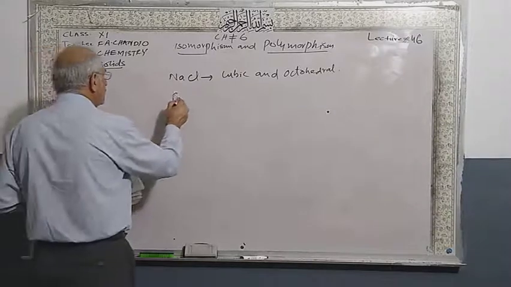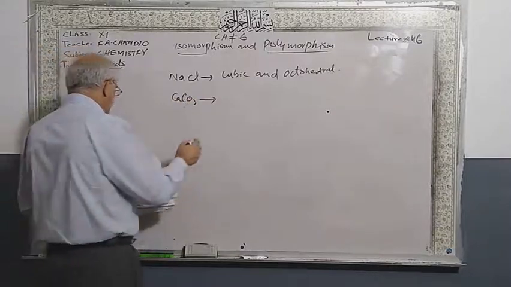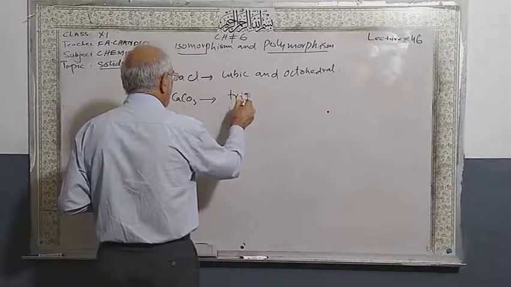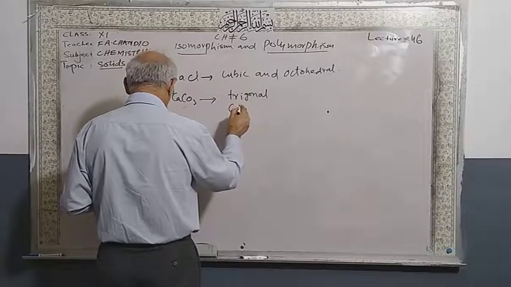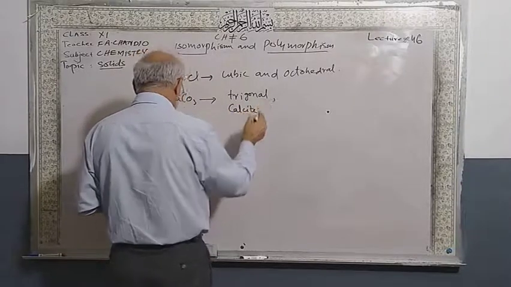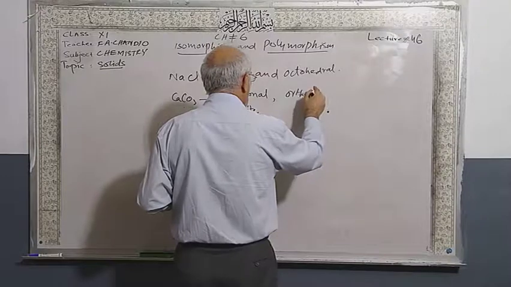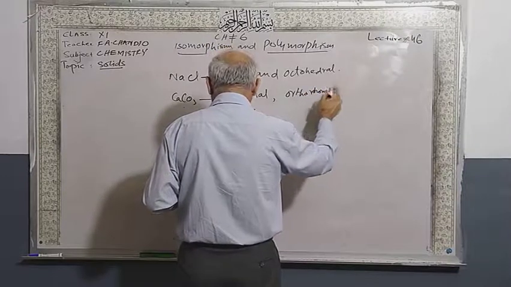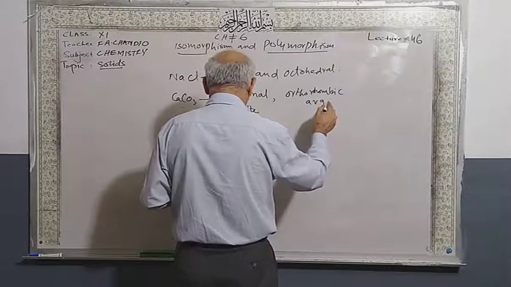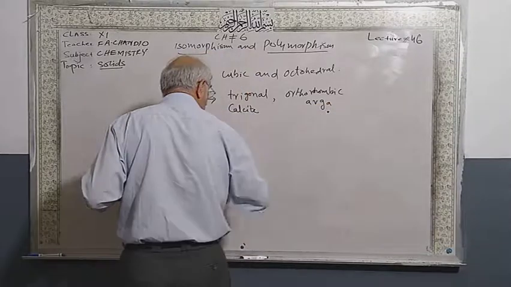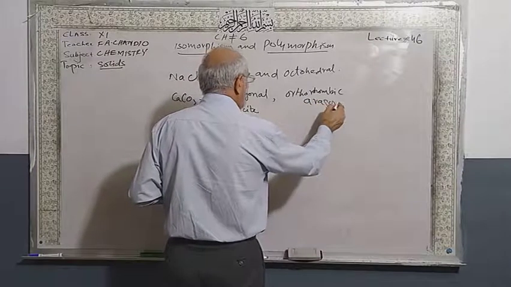Calcium carbonate has two forms: one is trigonal, called calcite, and the other is orthorhombic, called aragonite.